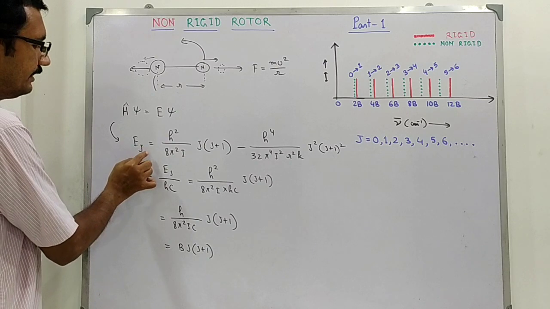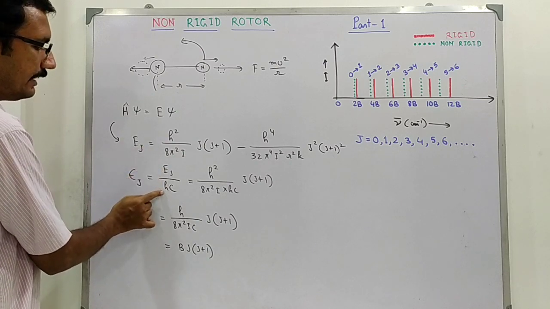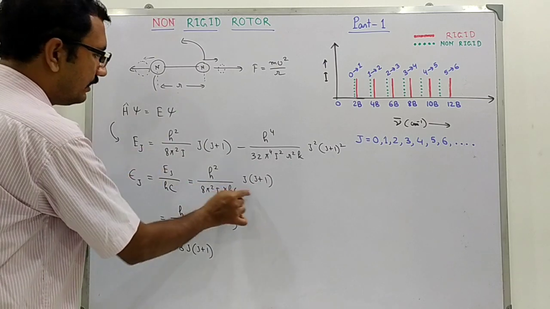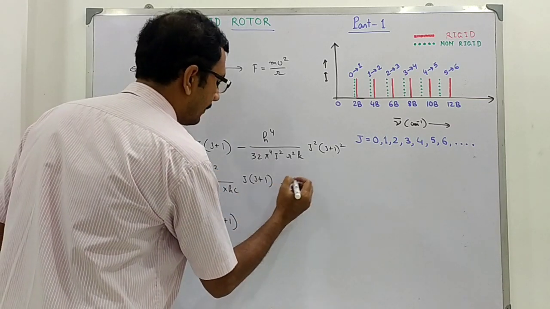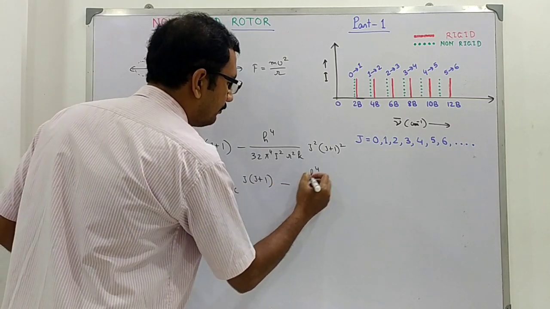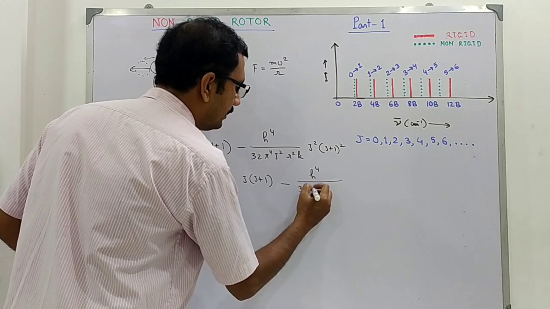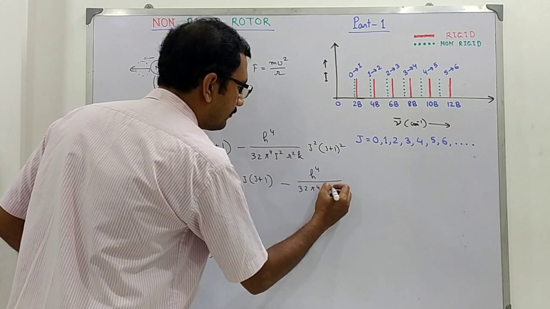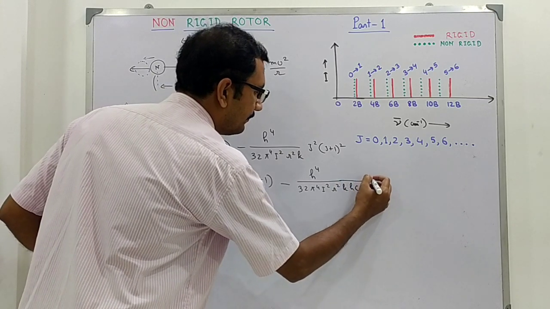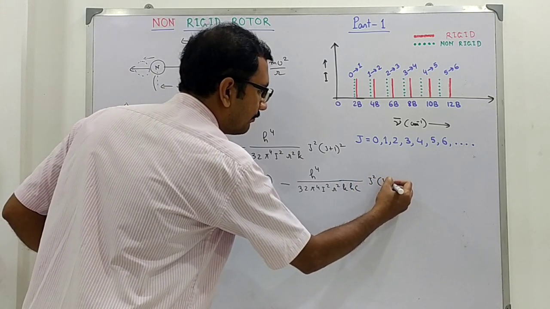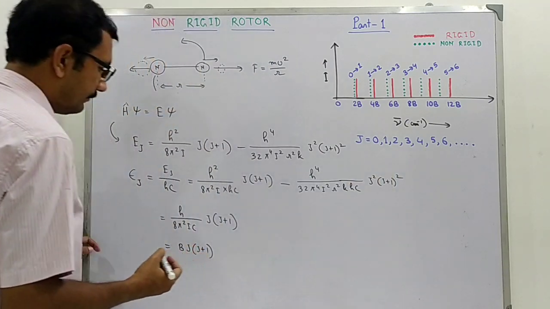So, we will divide this Ej by hc. This is the first part, and for the second part it will be h to the power 4 upon 32 pi to the power 4 I square r square k hc, and it is j square into j plus 1 whole square.